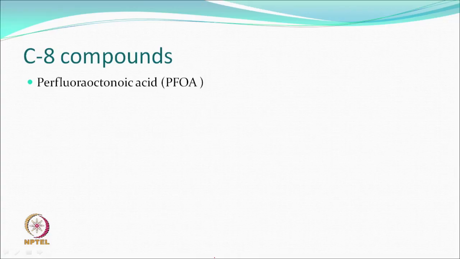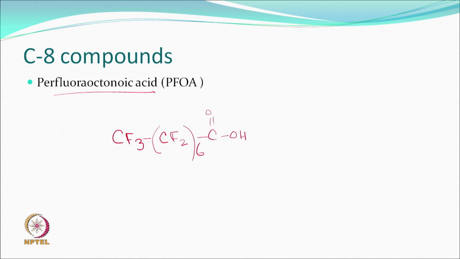Some of the C8 compounds which are the branches are compounds based on perfluorooctanoic acid. So, sometimes they are known as PFOA. So, these compounds are the ones which are branches that we are talking about, something like this. Okay, this part can react with the main chain, whichever the main chain is, and become a branch, right.